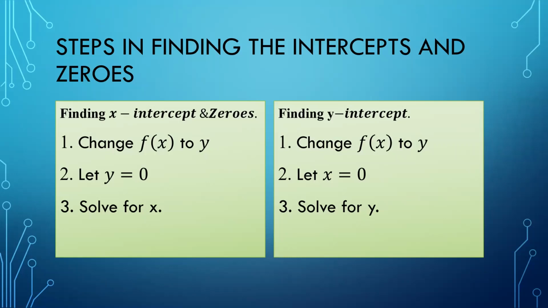So the difference is that in the x-intercept, you need to let y be equal to 0, while in the y-intercept, you need to let x be equal to 0.